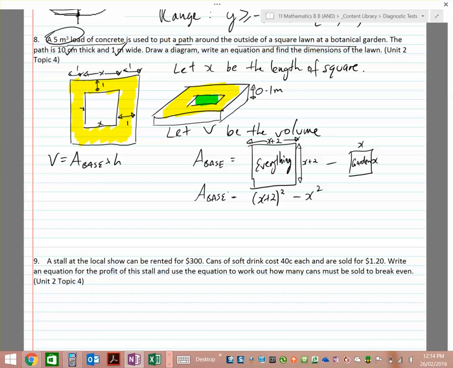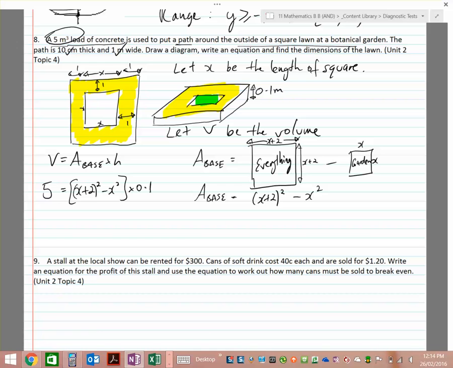I know the volume over here is 5 meters cubed, I know the area of my base is x plus 2 all squared minus x squared, and I know the height is 0.1. So that's the equation that I need to solve to try and find the dimensions of the lawn, to try and find that side length of the lawn.